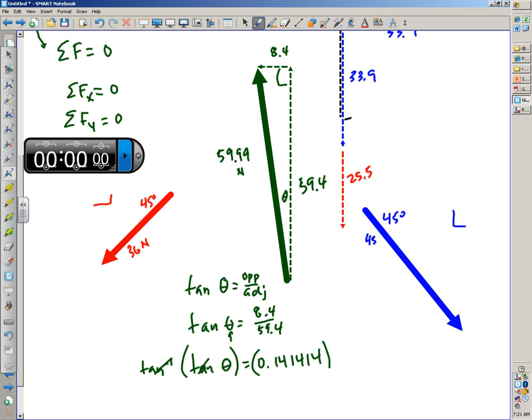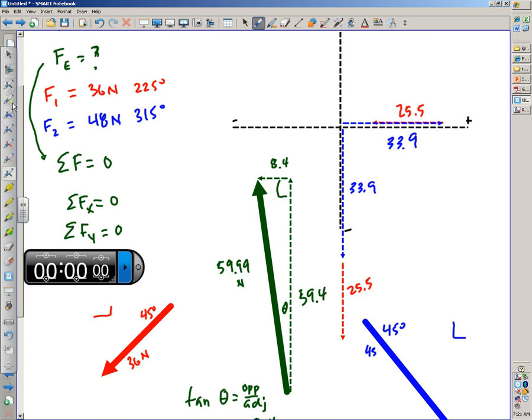But if I take the inverse tangent of one side of the equation, I've got to take the inverse tangent of the other side of the equation. On your calculator, you hit shift and then the tangent button, or second and then the tangent button, and that should show up as tangent to the -1. And then you plug in the value, 0.141414 repeating, you hit enter, and you find out that theta should be 8.049. Okay?